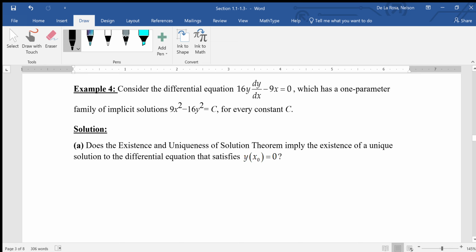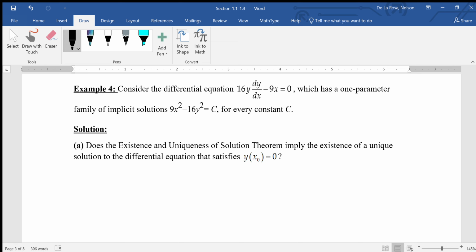Example 4. Consider the differential equation 16y dy dx minus 9x equal to 0, which has a one parameter family of implicit solutions for every constant c. Okay. So does the existence and uniqueness of solution theorem imply the existence of a unique solution to the differential equation that satisfies y at x equals 0 equal to 0?